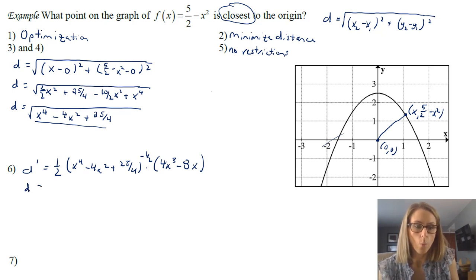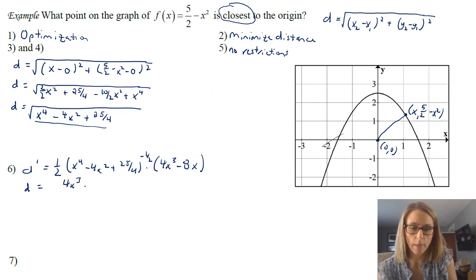So what I'm telling you is you can think about this as 4x cubed minus 8x over 2 times the square root of x to the 4th minus 4x squared plus 25/4.